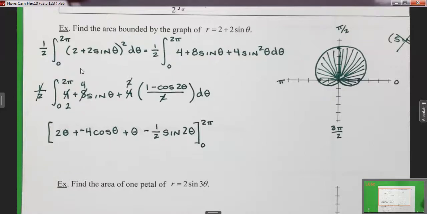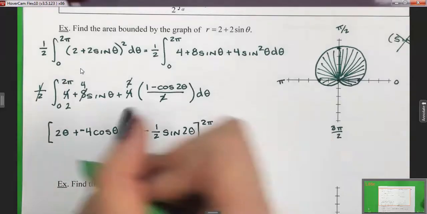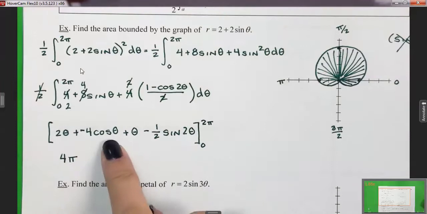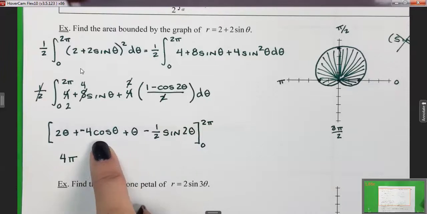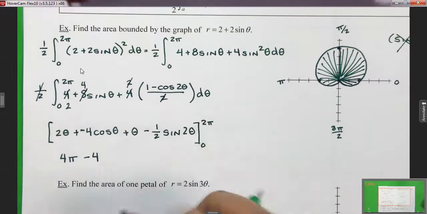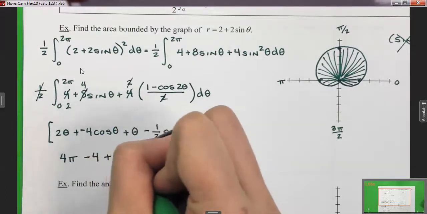Okay, plug in 2 pi. So that's 4 pi. Cosine of 2 pi is 1, so it's just minus 4. 2 pi in here is plus 2 pi.